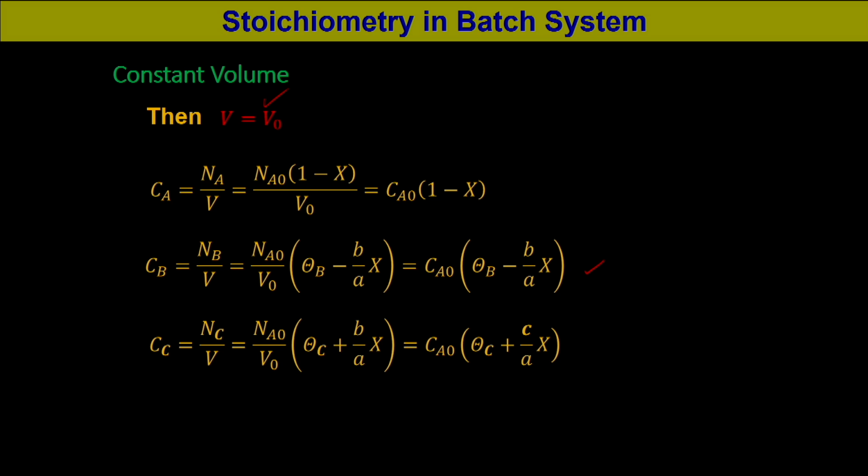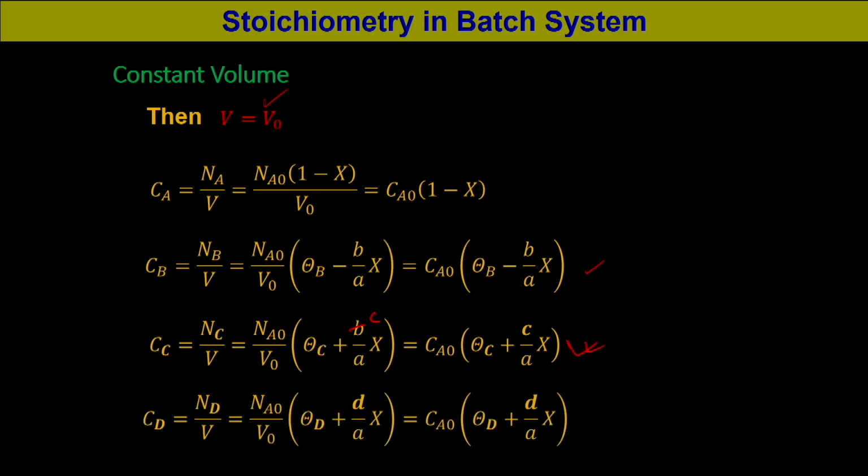And for Cc we can write Nc by V, Na naught by V naught into theta c plus C by A into x. So, this would be Ca naught into theta c plus C by A into x. So, this is for Cc.